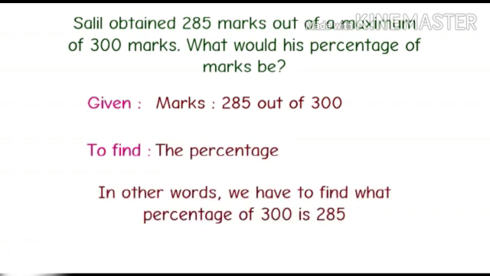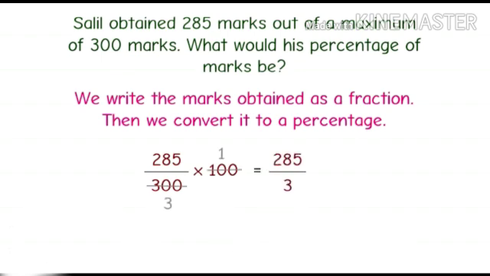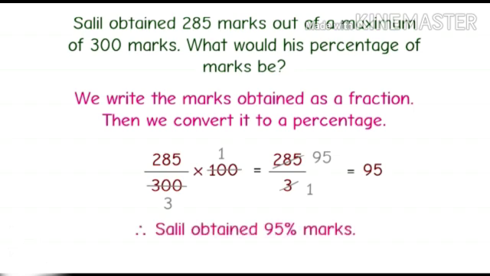We write the marks obtained as a fraction, then we convert it into a percentage. So, scored marks by total marks into 100, which is equal to 100 in 100 one time, in 300 three times. So 285 by 3. 3 in 3 one time, and in 285 95 times. Therefore, Salil obtained 95% marks.